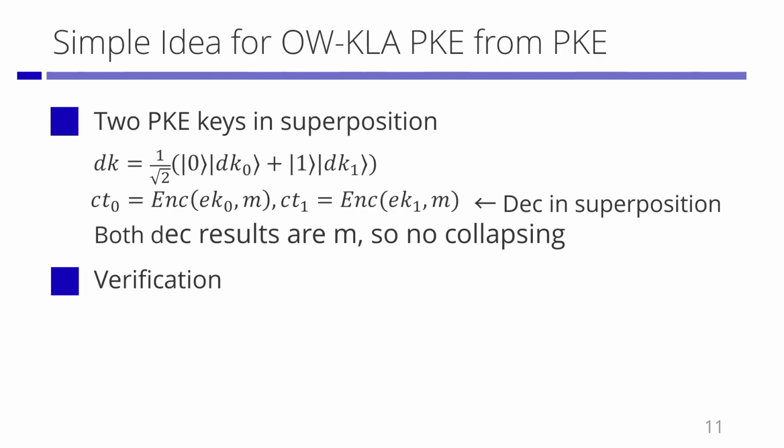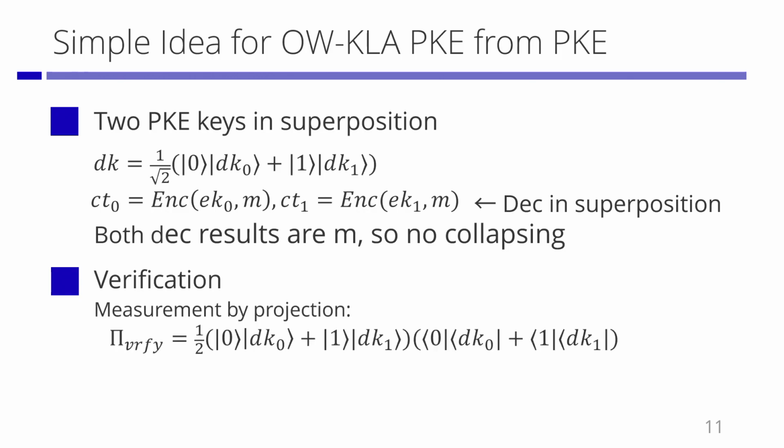We can decrypt this ciphertext by applying the decryption key in a superposition way. And the decryption results are the same because these two ciphertexts are the encryption of the same plaintext. So the decryption key does not collapse even after we apply the decryption key. And we can also verify the decryption key by using measurement by this projection, which is generated from two decryption keys, DK0 and DK1.